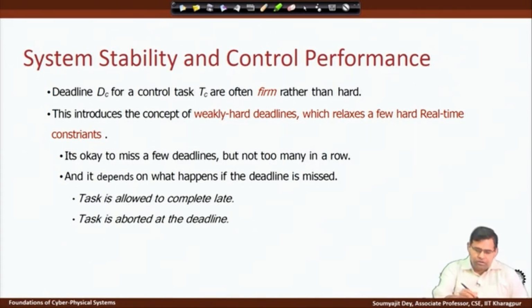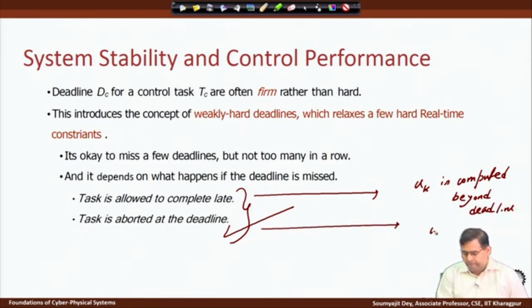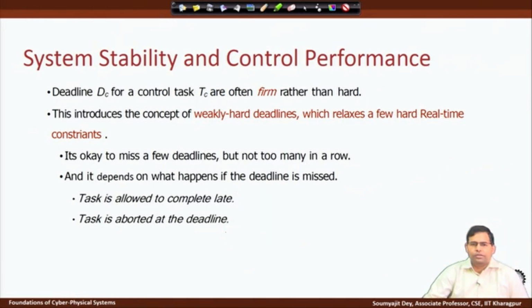Just to repeat, these are interesting task models: either you allow more time to compute UK, or you do not compute UK at all. In that case UK is not updated and just remains UK equal to UK minus 1. These are the two situations, and accordingly the control loop's behavior will keep changing.